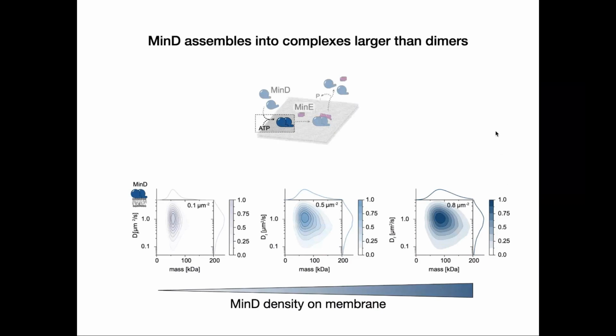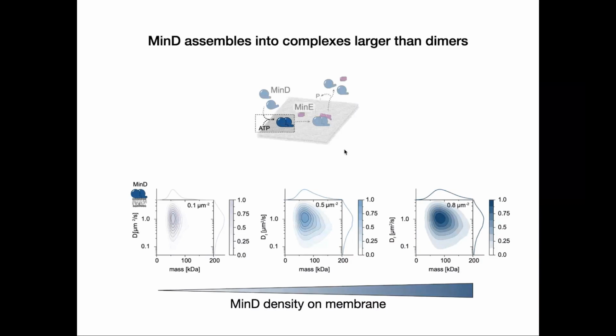Now, as a control, to see if we can revert this, we used a MinD mutant that was published or described to have a locked dimer interface.